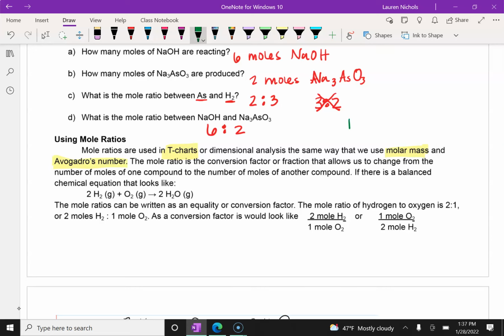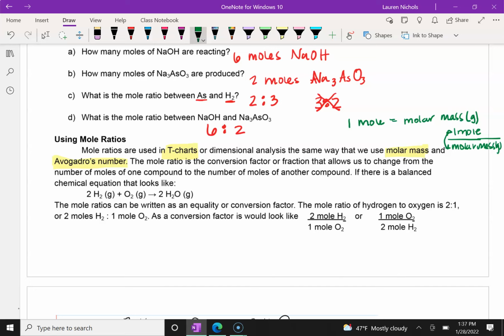We would say that 1 mole was equal to your molar mass in grams. And we said the same thing for Avogadro's number. And then that equality could be turned into a conversion factor where you had 1 mole on top and you had your molar mass in grams at the bottom, or you could flip the fraction.